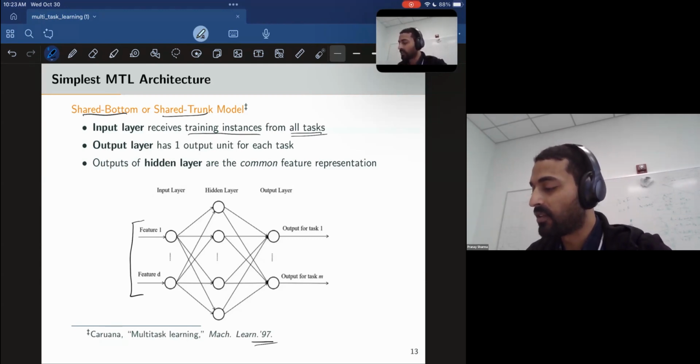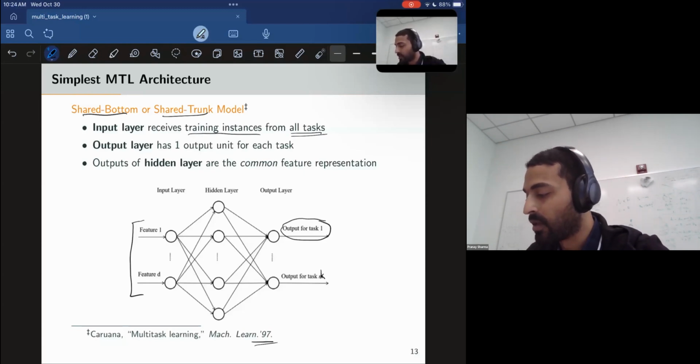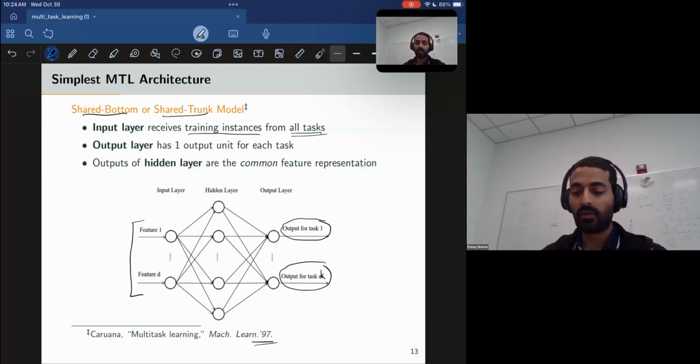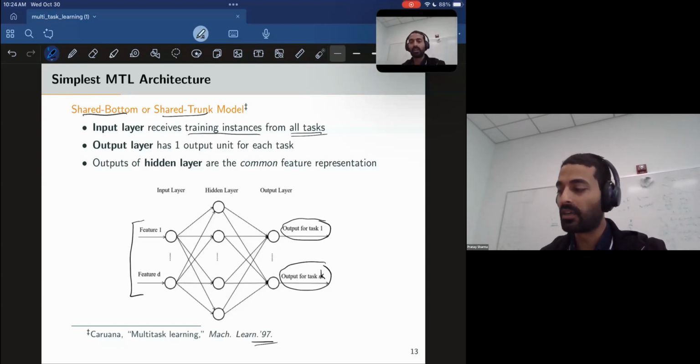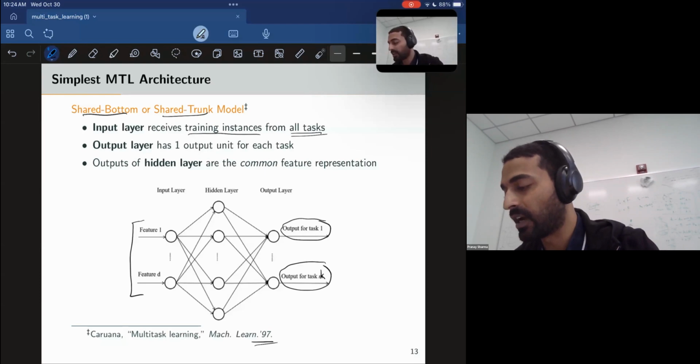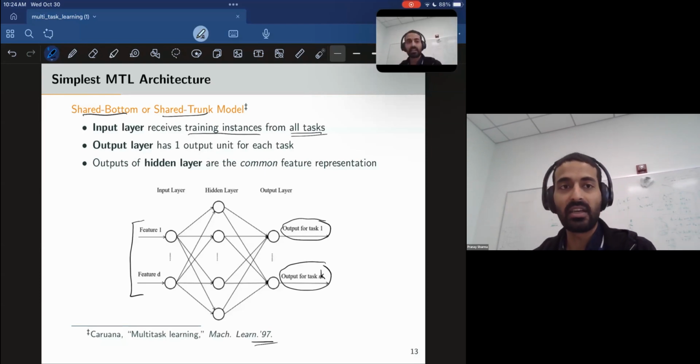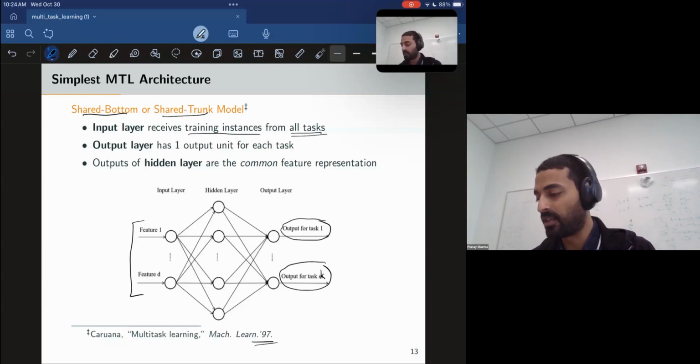In the output layer, we have several units, and one unit corresponds to one task. Here this should be K, but we have one unit for every task. If you remember a simple feed forward neural network doing a regression task, you have a single output. Here we have K outputs because we have one for every task. And then we have one hidden layer, and this hidden layer is supposed to learn some common feature representation.